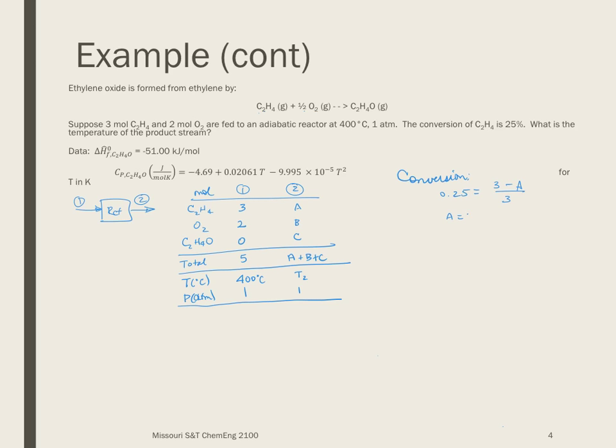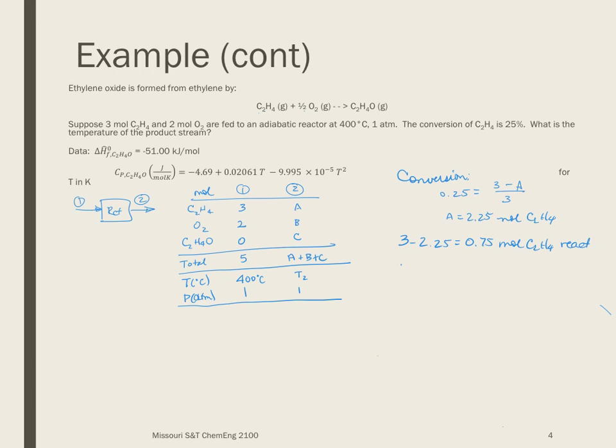Therefore, A is 2.25 moles of C2H4. Okay, so how much C2H4 reacts? 3 minus 2.25 says that 0.75 moles of C2H4 react.